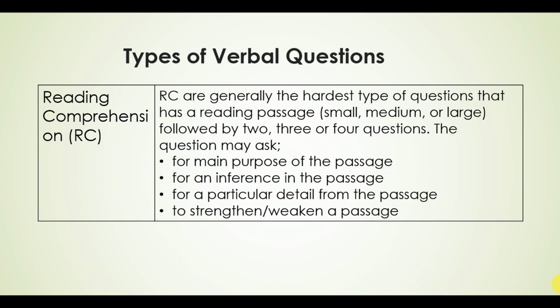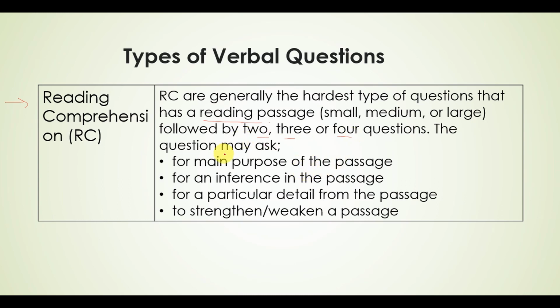The third and final type of verbal question is the reading comprehension. Like a typical comprehension question on the GRE, you get a reading passage followed by 2, 3 or 4 questions.